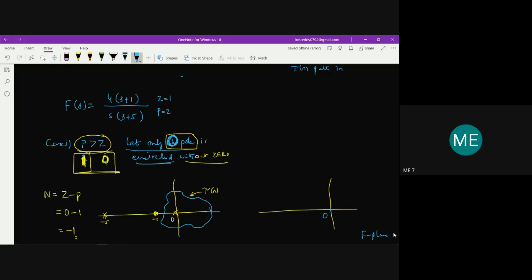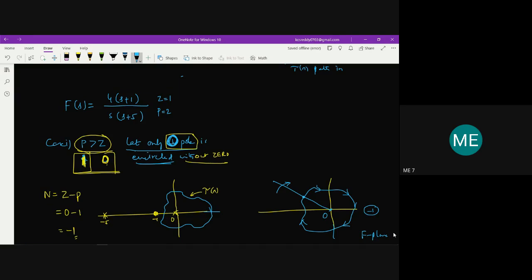If I take the new tau of s path like this, in a clockwise direction, then -1 means the number of encirclements about this origin is only 1. If you take any point on this, we find the number of encirclements. Here, the arrow indicates a clockwise direction.